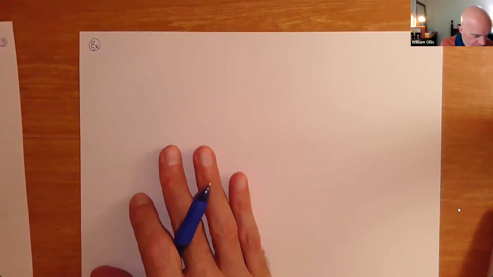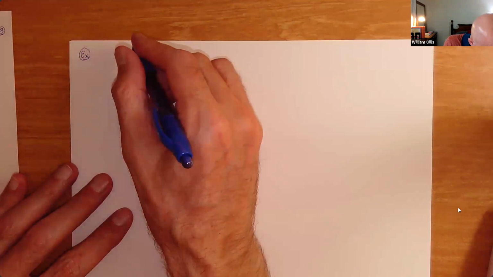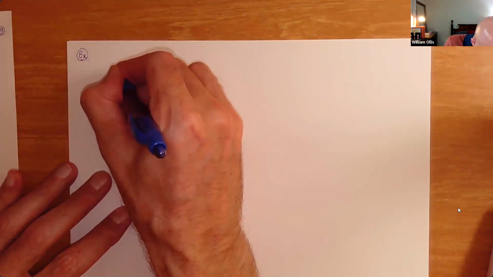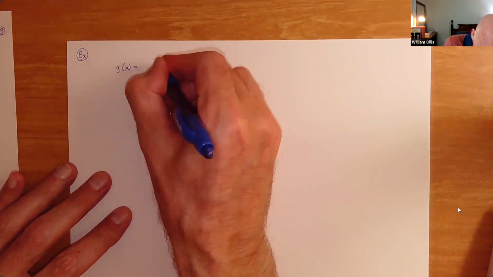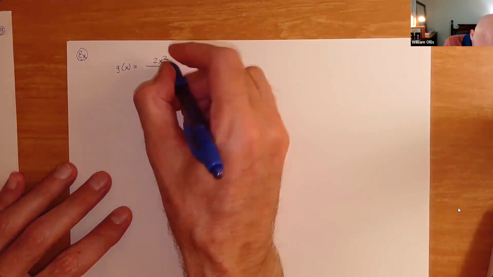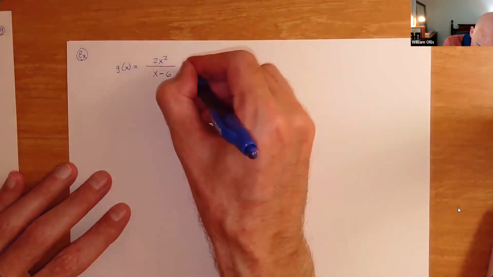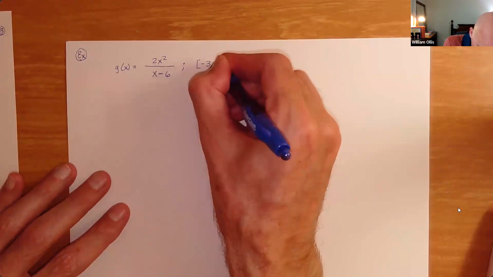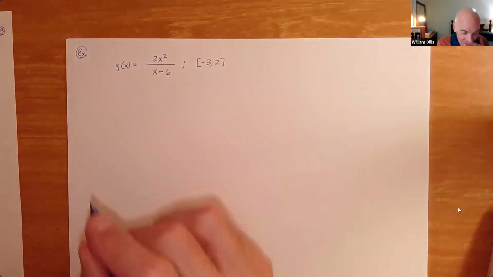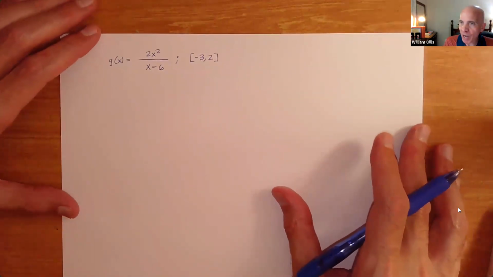So we've got a situation here. Let me go ahead and type this. We have the function g of x, which is 2x squared over x minus 6, or actually we can just call this a rational function. This would be something you would have graphed in your prerequisite courses. We find so much beauty in rational algebraic expressions.